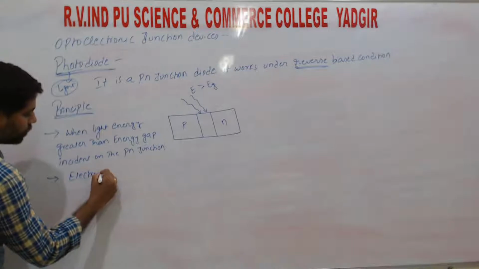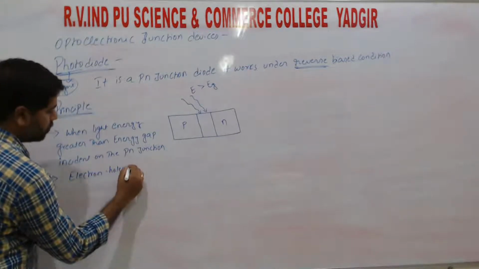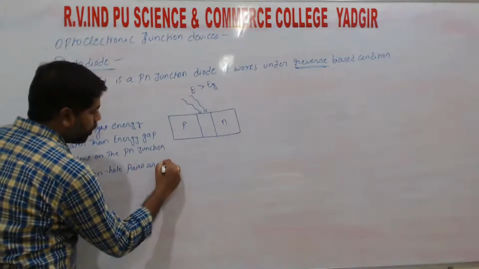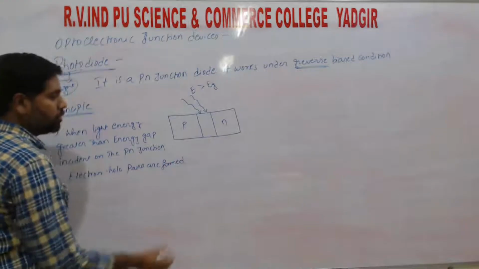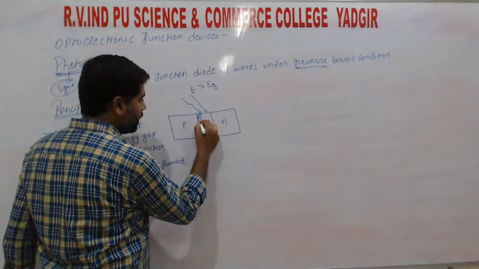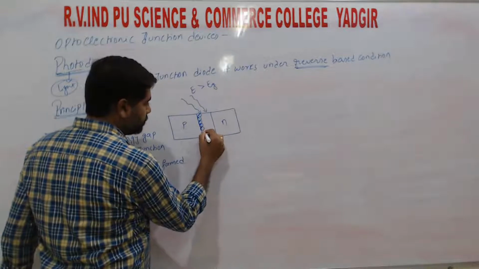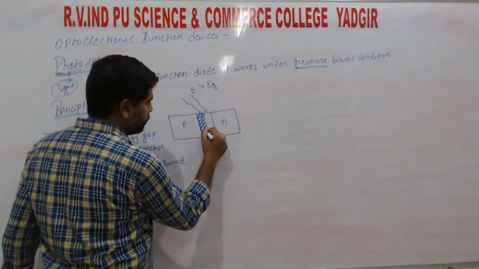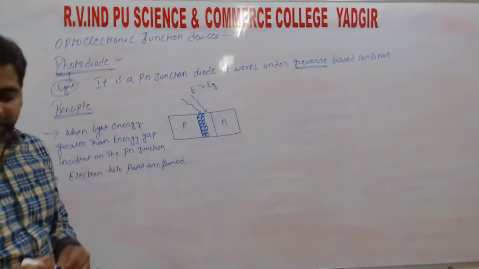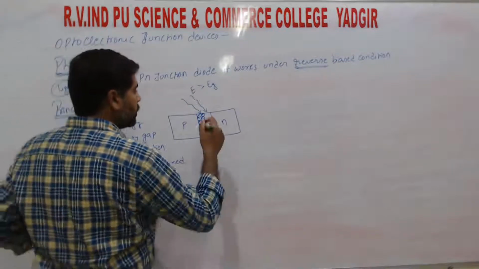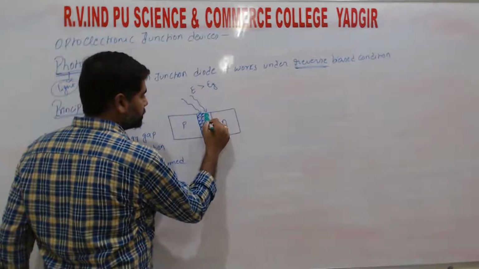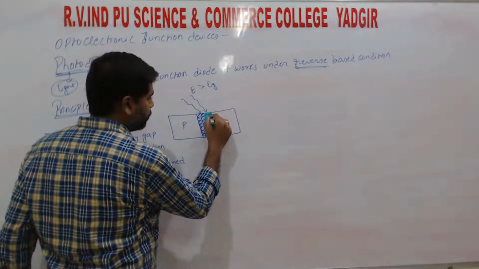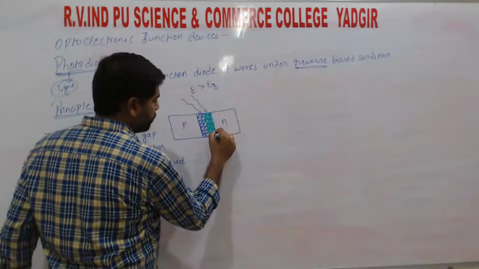Electron hole pairs are formed, right? So here in the P region we have minus, and in the N region we have plus, right?